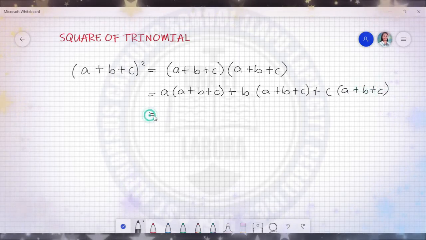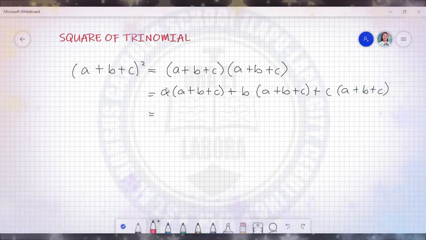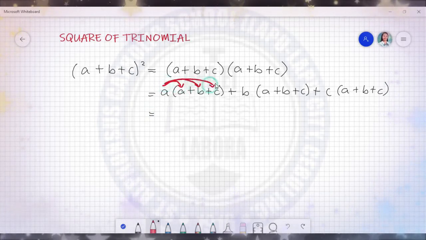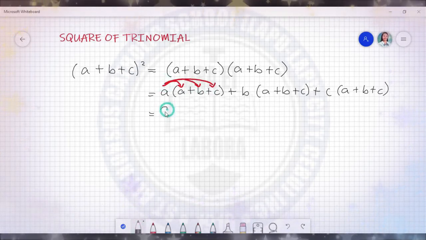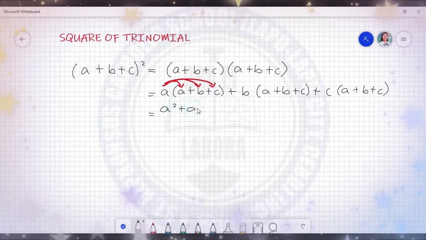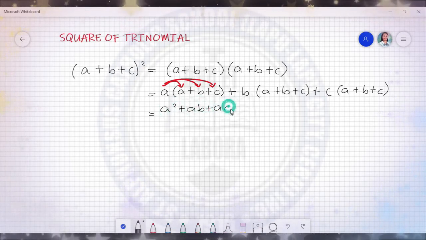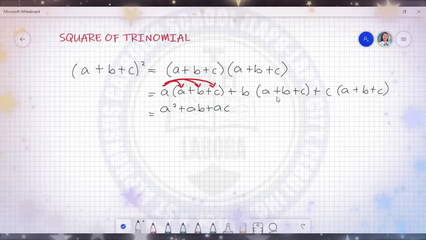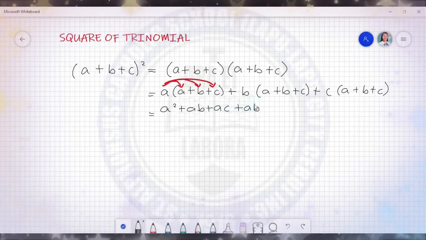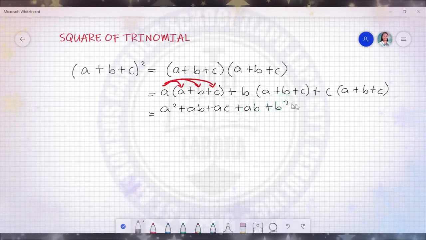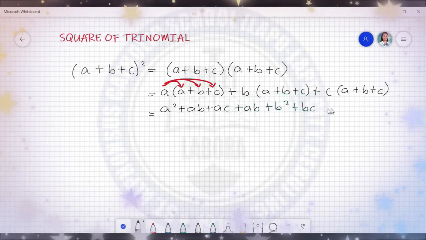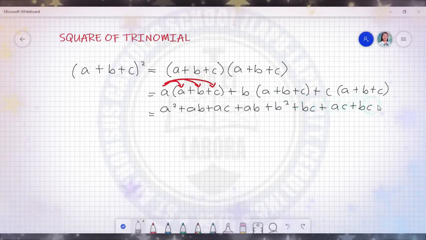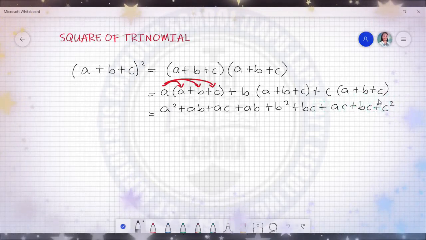Then distribute a. It will become a squared plus ab plus ac. In the same manner with b, distribute b to a plus b plus c. So it will become ab plus b squared plus bc plus ac plus bc plus c squared.